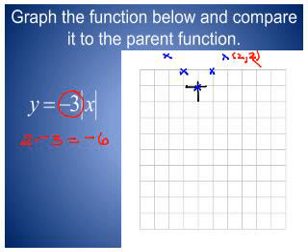So this point that was at 2, 2 is now at 2, -6. So that's way down here. And my point here at 1, 1, I'm going to take the 1 times the -3, and I get -3. So my new point is at 1, -3.